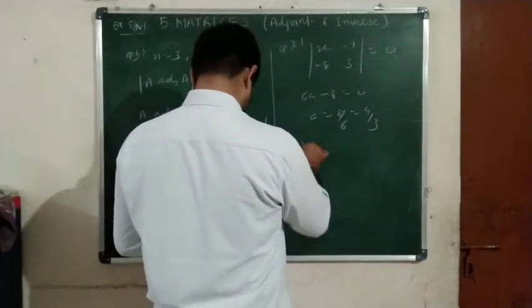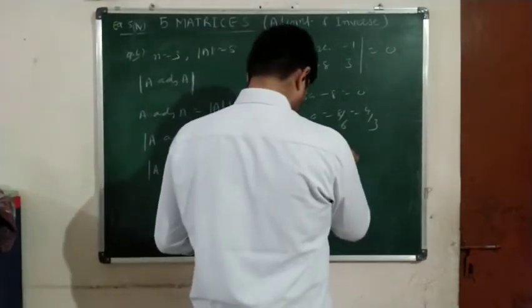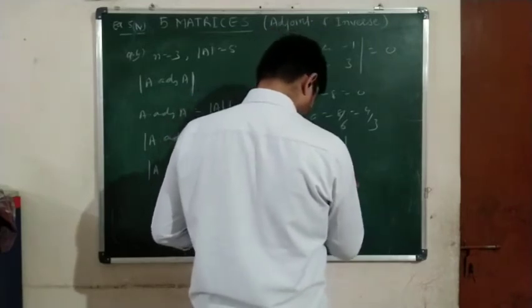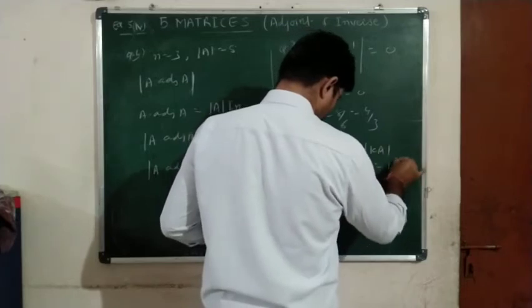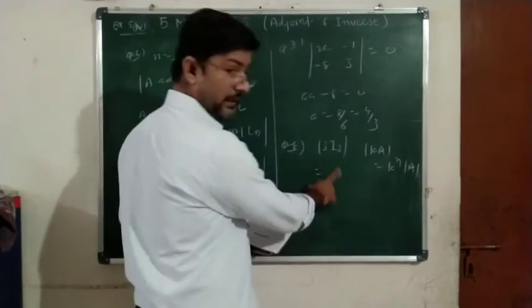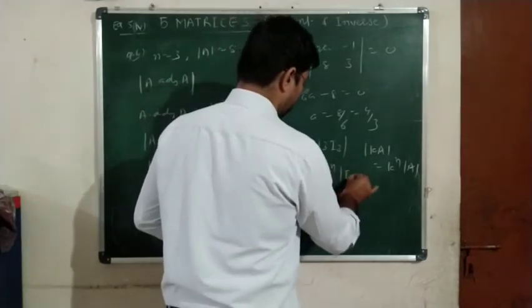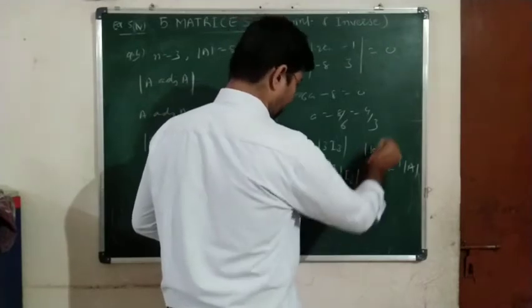Now question number 8. What is the value of determinant of 3 into I3? Okay, order 3. So recall the property: determinant of K into A is equal to K raised to n into determinant of A. So 3 raised to n into determinant of I3. Now n, order is given to be 3 only in this case.